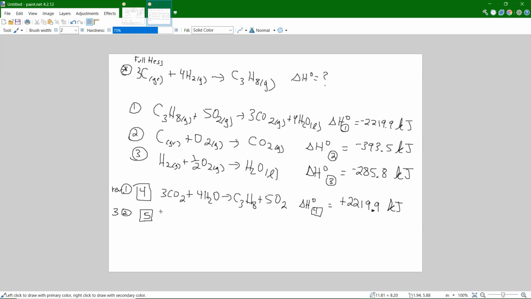So I'm going to end up with 3 carbon graphites plus 3O2 goes to 3CO2, and delta H naught 5 would be 3 times minus 393.5, which is minus 1180.5 kilojoules.